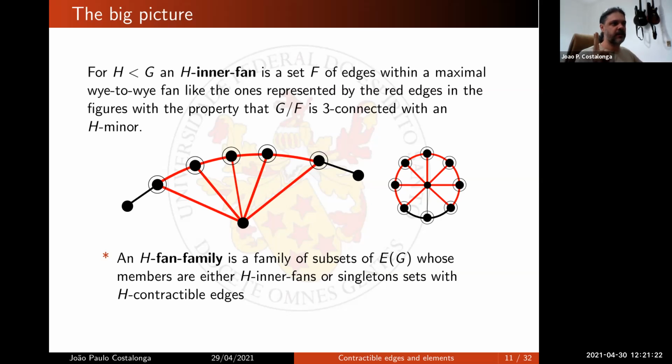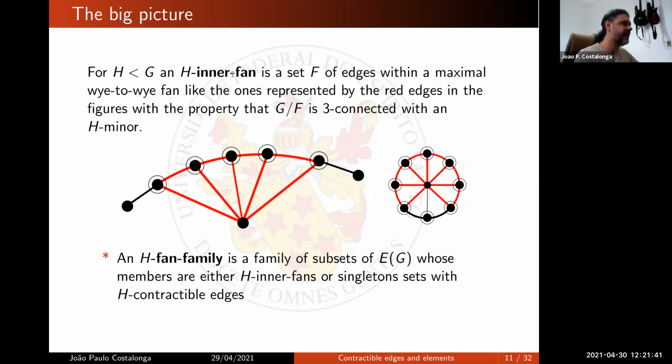Those are objects we contract. And a family that has as members inner fans and singleton sets containing contractible edges we call a fan family.